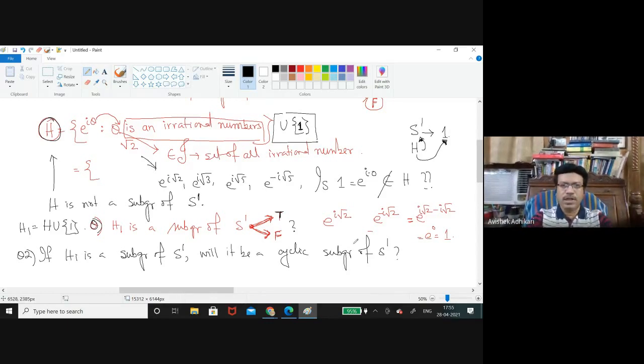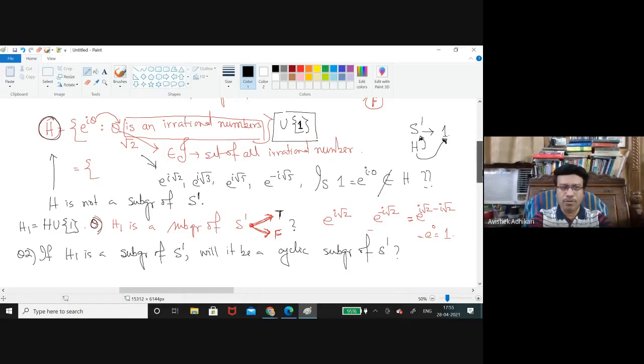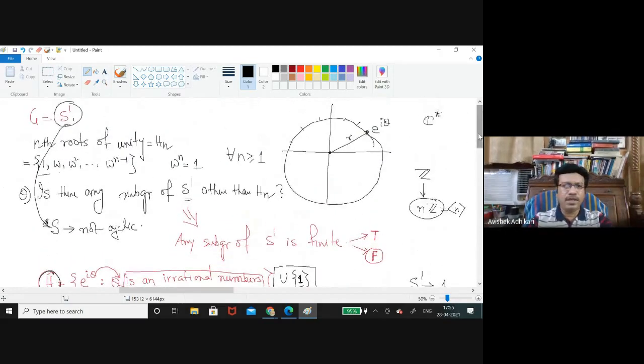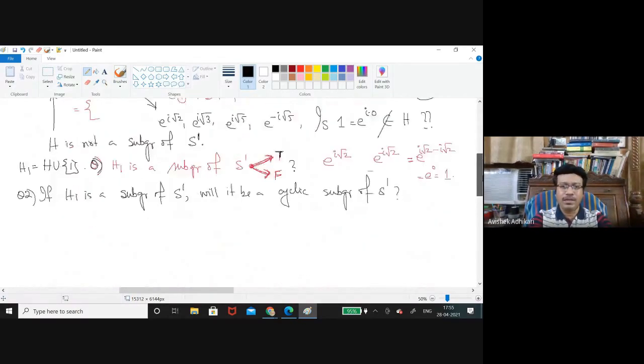If this is not a cyclic subgroup of S1, then we started with some point where he has given some example that nth roots of unity will not be sufficient for us. Then we find that S1 contains a subgroup which is not cyclic. Okay, then that would be a problem. So that will lead to some other problem.